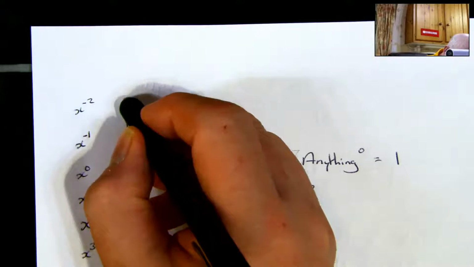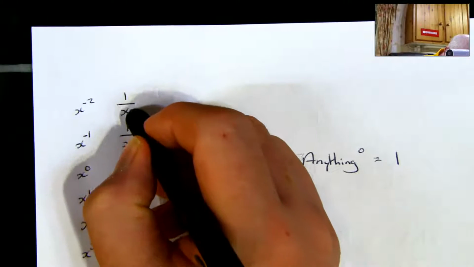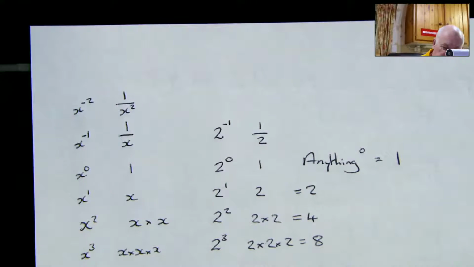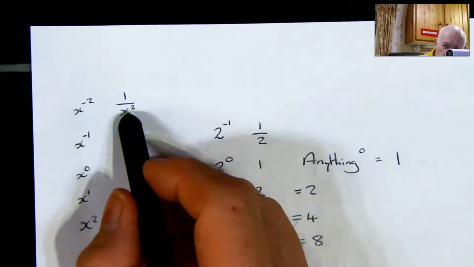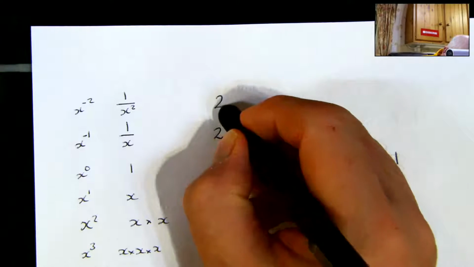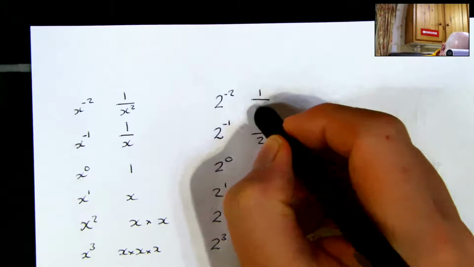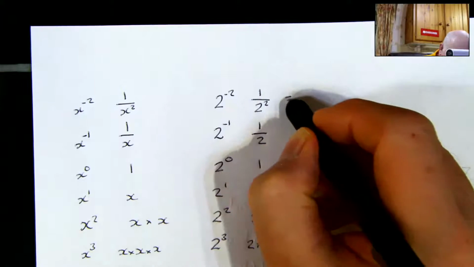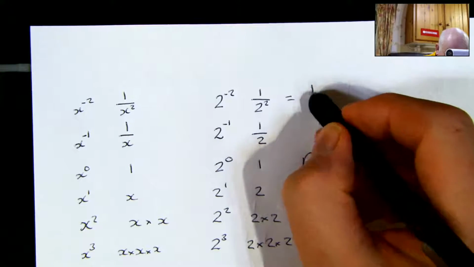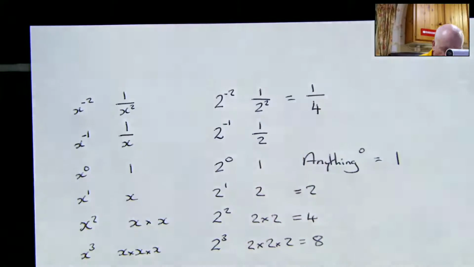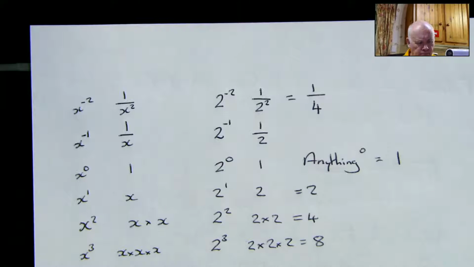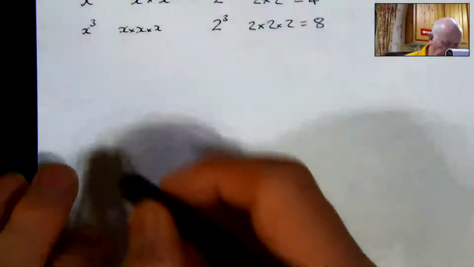X to the minus 2 is going to be 1 over x squared. That's all the minus sign means, 1 over. So this 2 to the minus 2 is going to be 1 over 2 squared. And 1 over 2 squared is 1 over 4.